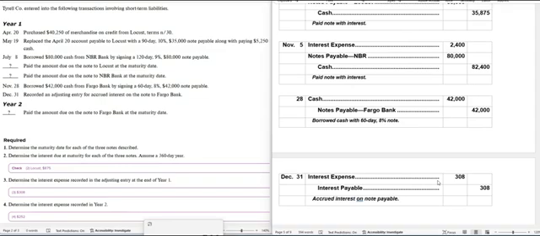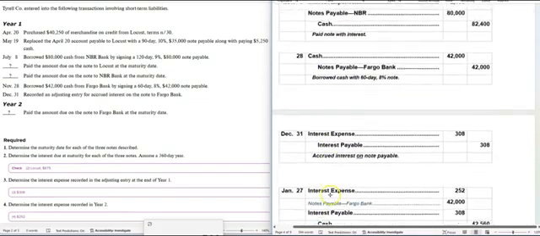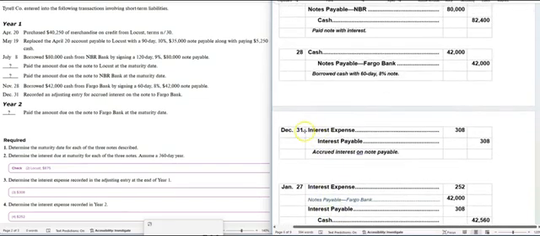So on December 31st, we need to record 33 days worth of interest incurred but not paid. $308 worth. So we will debit the interest expense and record a liability with a credit, increase the interest payable.